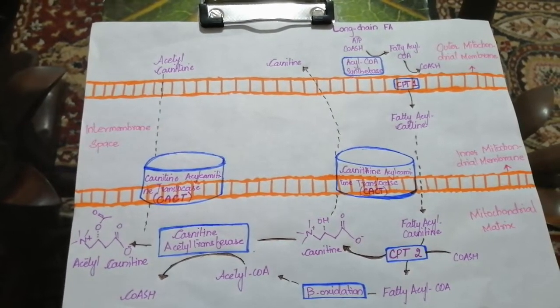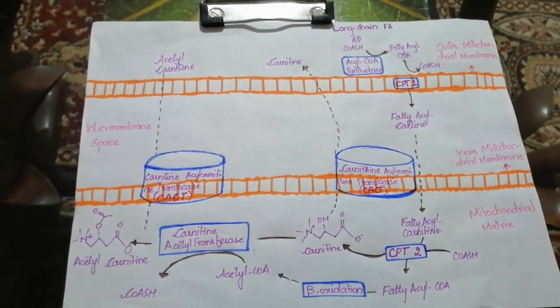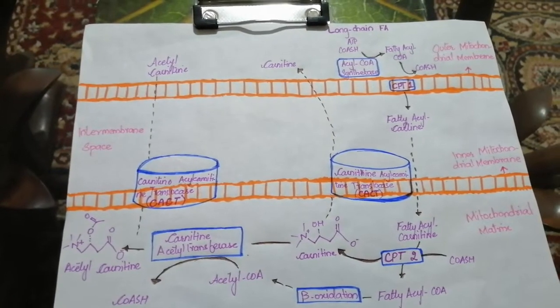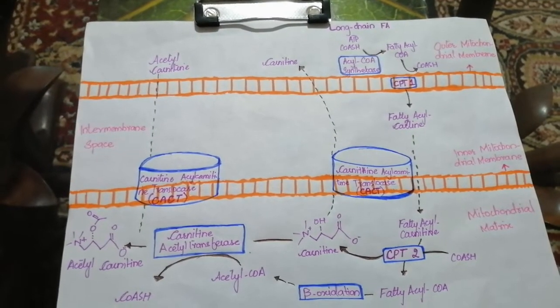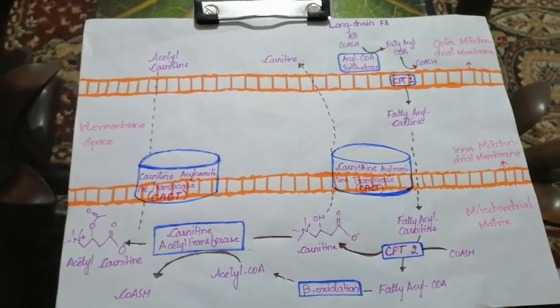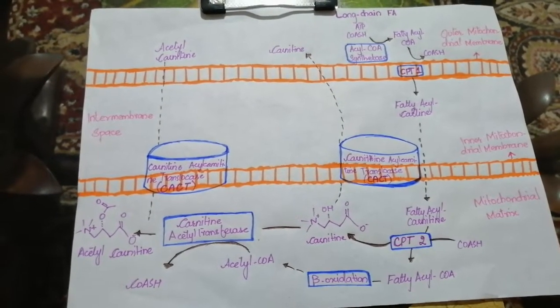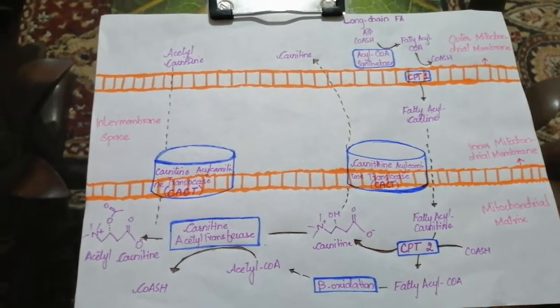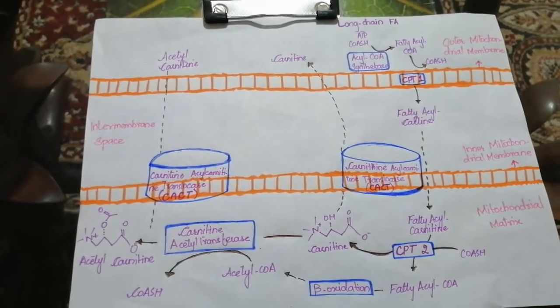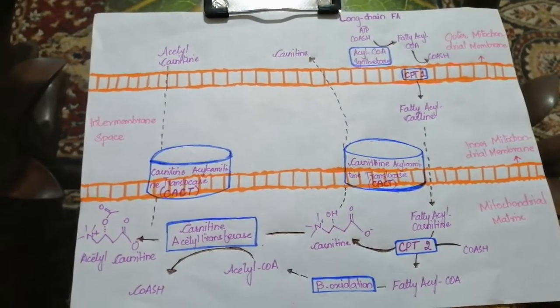Once it makes fatty acyl CoA, CPT1 is present in the outer mitochondrial membrane. CPT means carnitine palmitoyl transferase 1. What was the work of CPT1?